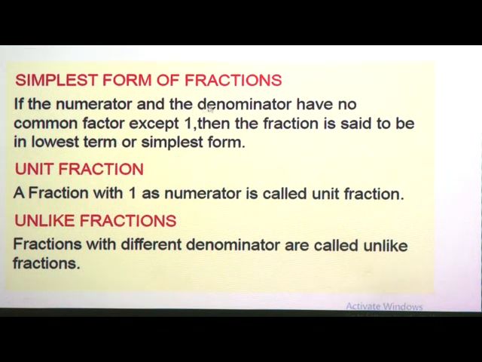Simplest form of a fraction. If the numerator and the denominator have no common factor except 1, then the fraction is said to be in the lowest term or simplest form. Unit fraction. A fraction with 1 as the numerator is called unit fraction. Unlike fraction. Fractions with different denominators are called unlike fractions.